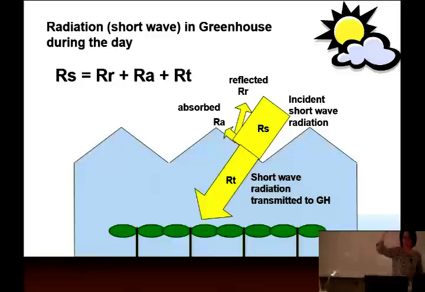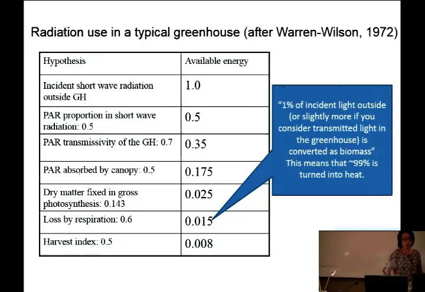Incoming radiation, transmission, reflection, absorption. Okay? And then we talked about this, how little energy-wise we are eventually using for crop production. And then we could think of many ways to enhance the final percentage.